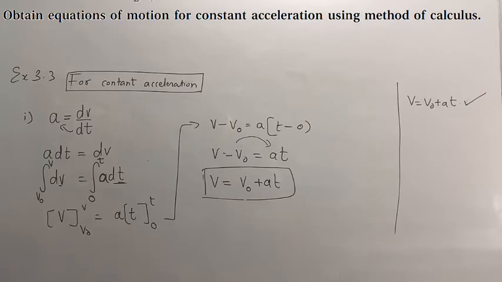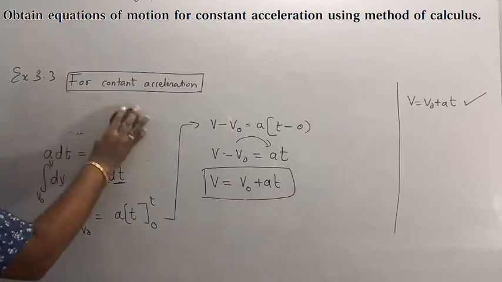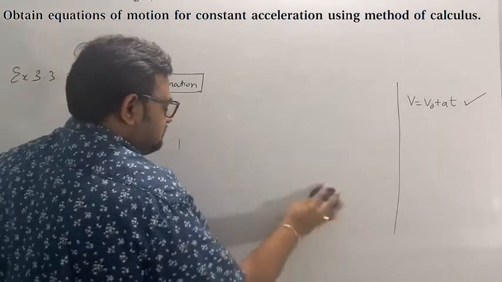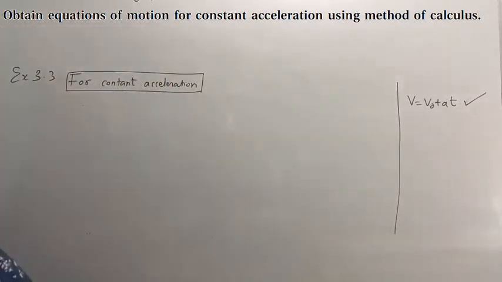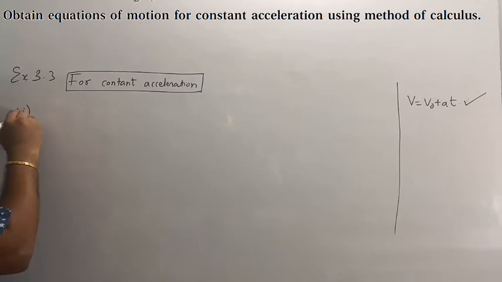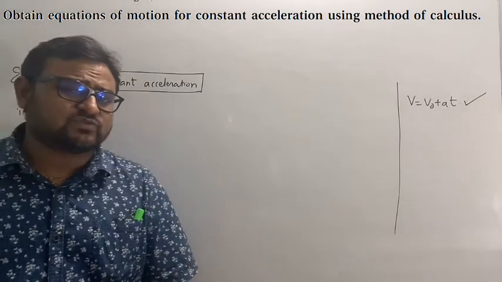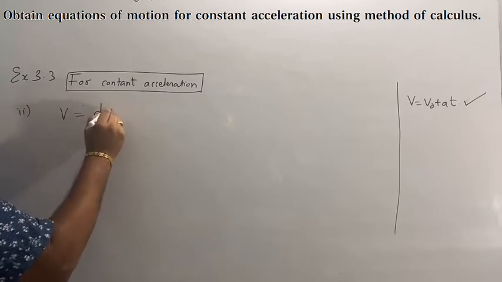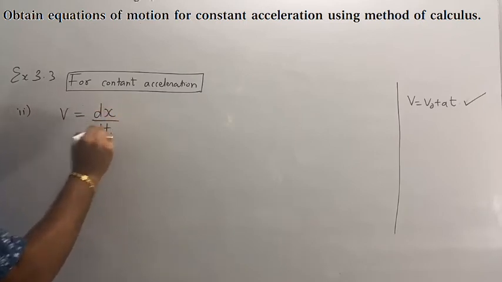Now let's see the second one. For the second, what is the formula for instantaneous velocity? v equal to dx upon dt.